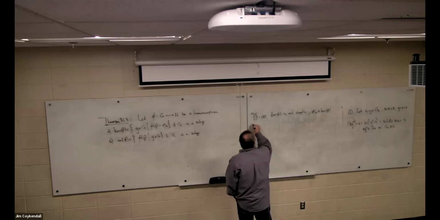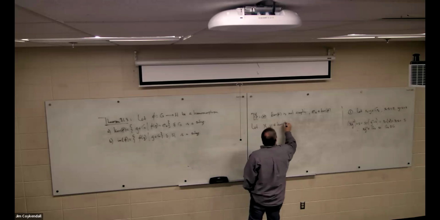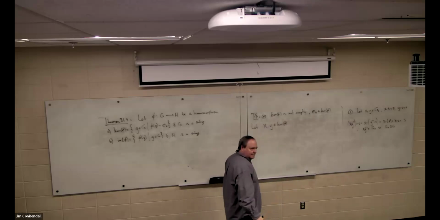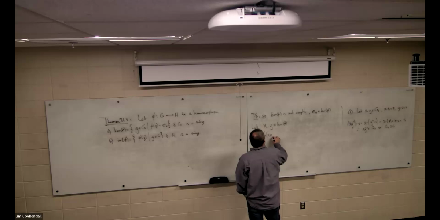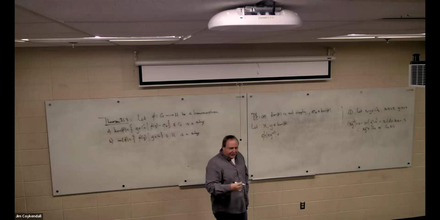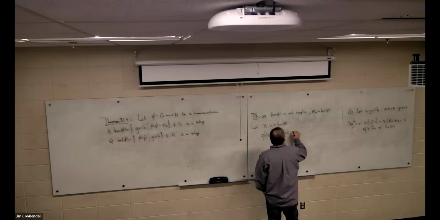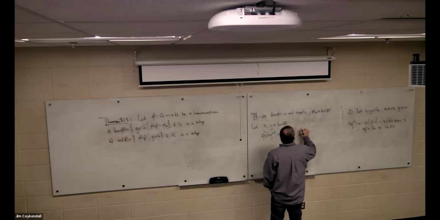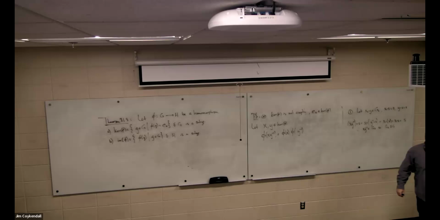So let x and y be in the kernel of phi. Now consider phi of xy inverse. This is a homomorphism, and so this is phi of x and phi of y inverse. Right? And there's one more bit of algebraic prestidigitation I can do to that y inverse.